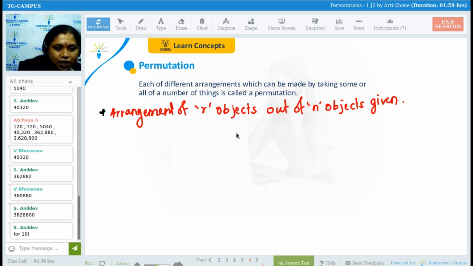Clear? So it is a very clear result that n is always greater than r. This is fine. Yes or no?